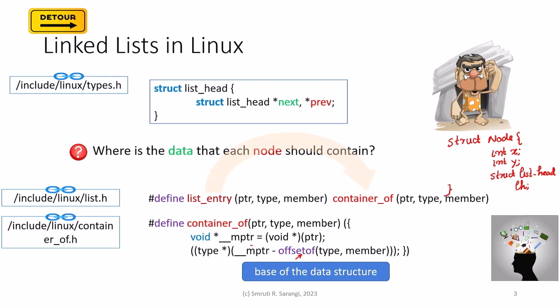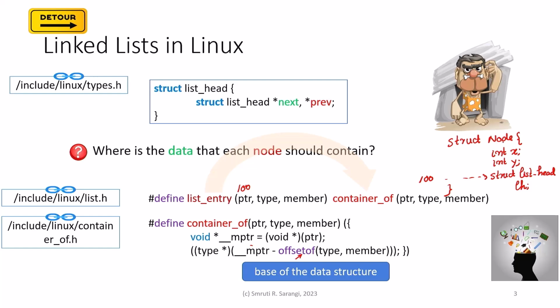All right. So the pointer that I am providing is actually the pointer to this struct list head. So far, so good. Let us say that its value is 100. Then the value of this pointer is 100.